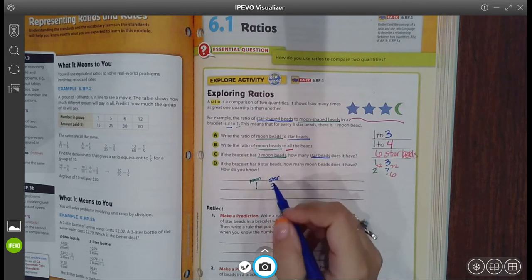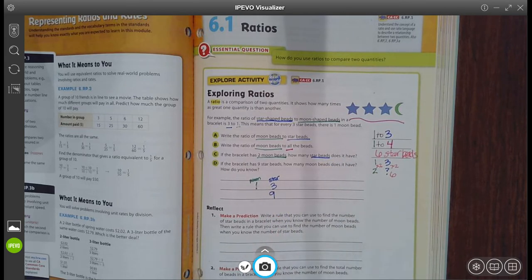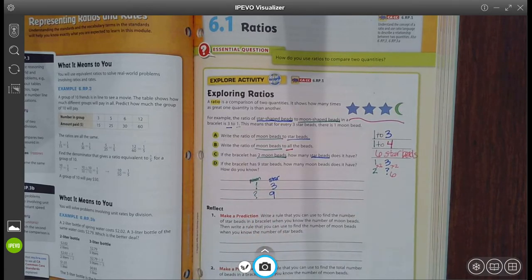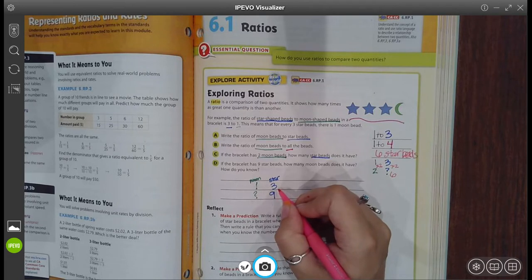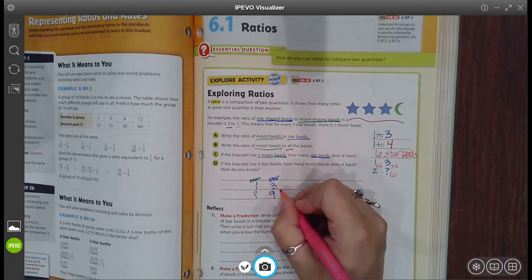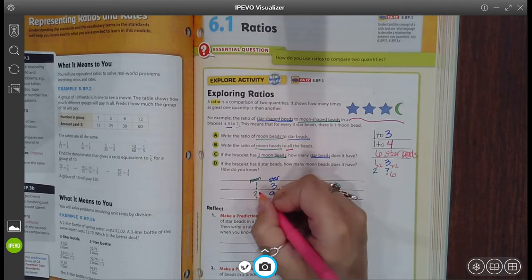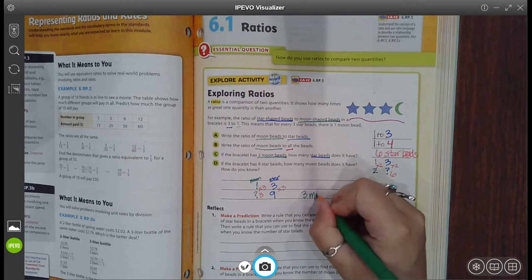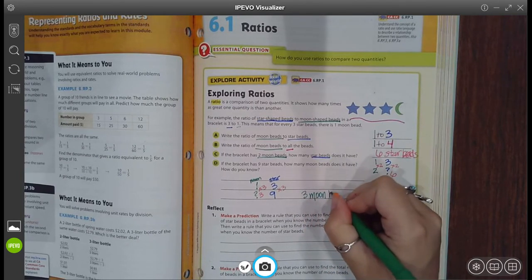They told us, what if there were 9 star beads, then how many moon beads would there be? Well, just like we did before, how do you get from 3 to 9? You multiply by 3. So do the same thing here. Multiply the 1 by 3, and you get 3, which means there would be 3 moon beads for that bracelet.